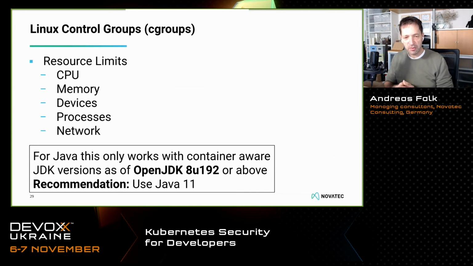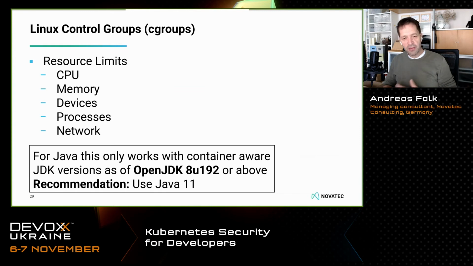If you are a Java developer, the important thing here is that if you want to use resource limits with Java, then at least you have to use OpenJDK 8 update 192 or above. So the recommendation would be to use Java 11 at least. Java 8 is really old, really legacy.